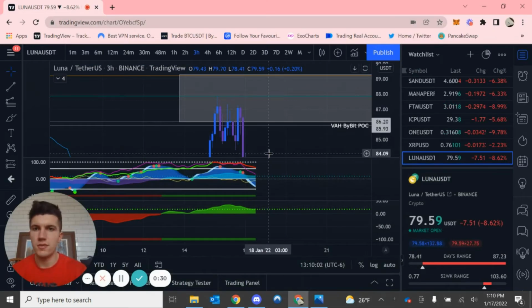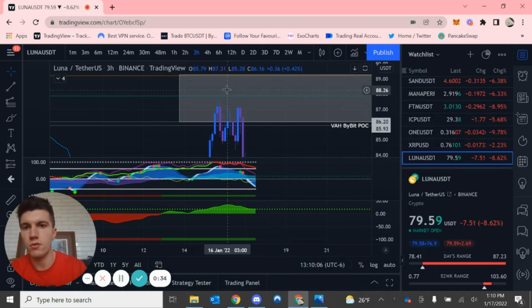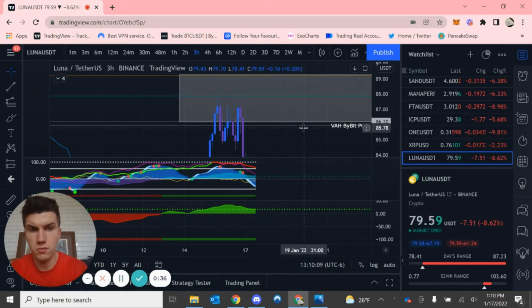In this example, we had Luna coming up to a golden pocket, along with it being a value area high of the range. The more confidence you have in a support or resistance, in this case a resistance, the better off you are winning the trade.